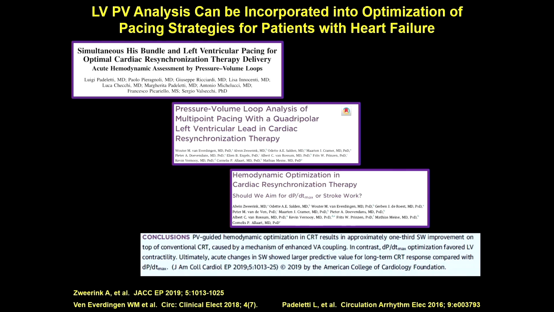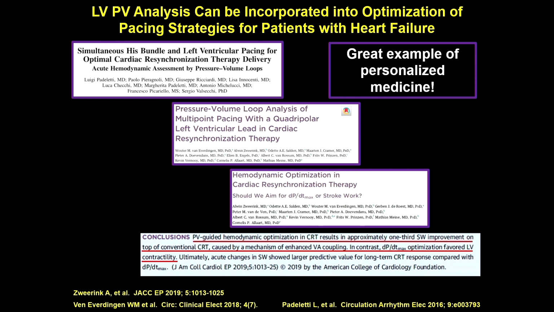And then lastly, like I said, personalization of medicine. These are 3 examples of how pressure volume analysis, so advanced hemodynamics in the Cath lab, can be used and incorporated into patient care to optimize pacing strategies for patients with heart failure.